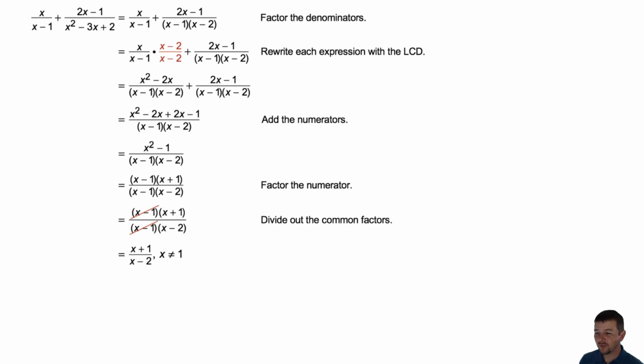However, we do need to account for the restriction on the domain, or on the x value. x cannot equal 1. Recall that would lead to a 0 denominator based on the factor that we divided out, x minus 1. And now we state, in our final answer, the sum of the expressions is x plus 1 over x minus 2, for x does not equal 1, and also x does not equal 2.